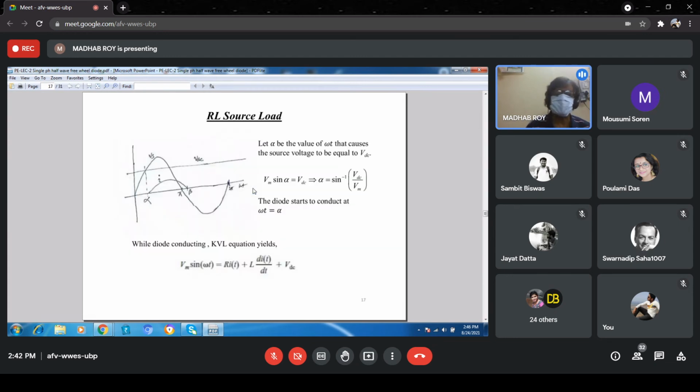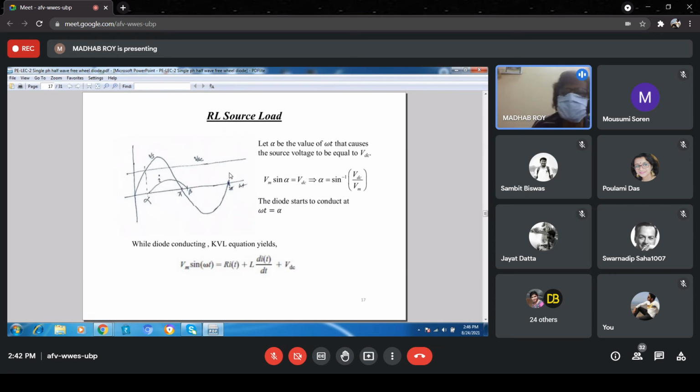So you can see that here. The extension of the conduction beyond this point will happen, and it will conduct up to beta. So this will be the conduction of the diode up to beta, beyond which again it will be 0. So this is the action of the DC EMF in series with the RL load for this diode. Got my point? So this is the connection.